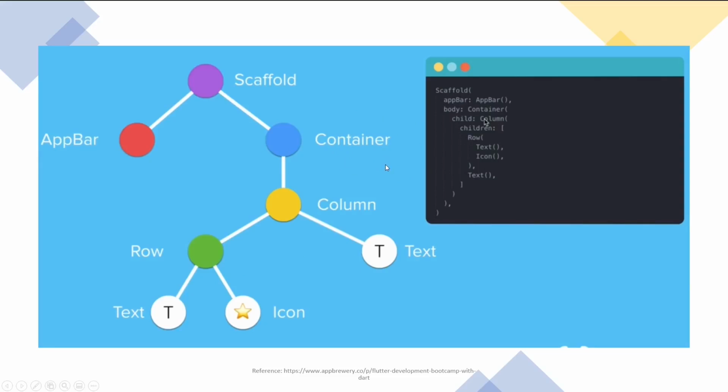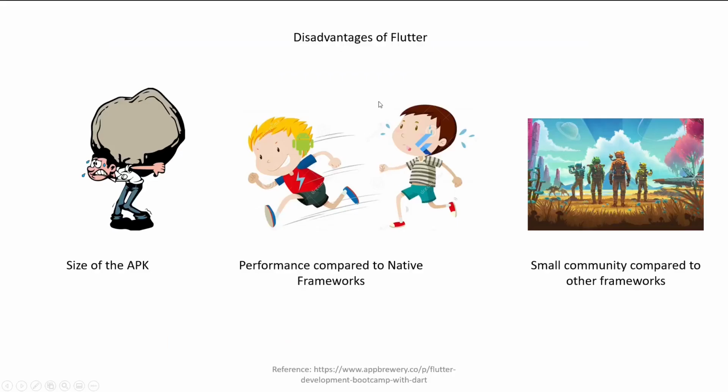The next is, let's look at some cons or the disadvantages of Flutter. The size of the Flutter app is relatively bigger compared to other frameworks, so it has a lot of underlying code and widgets. Even though the application is relatively simple, if you code a Flutter app and the same app on a native platform, the size of the Flutter app will be higher than the native app.